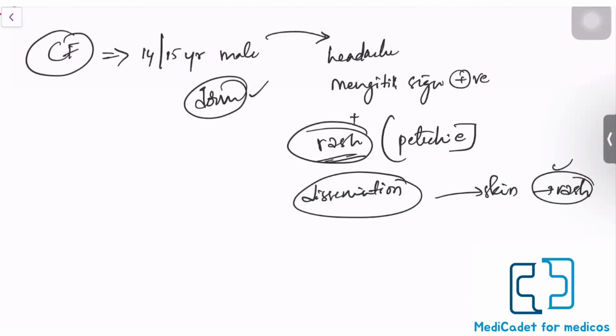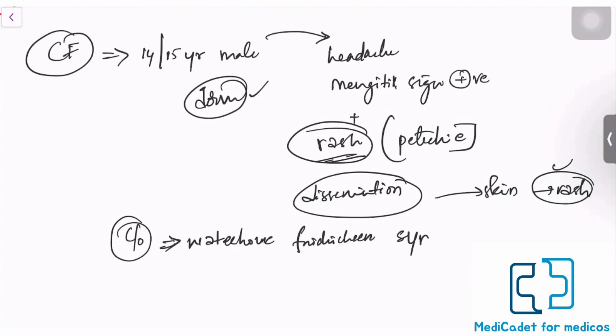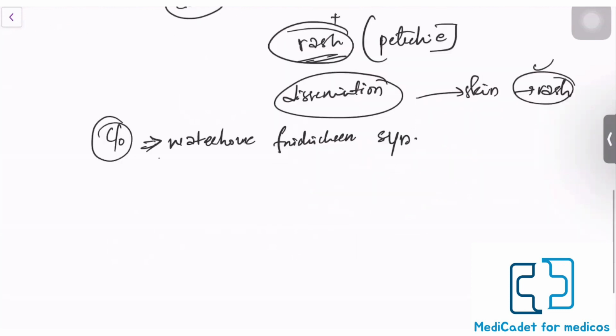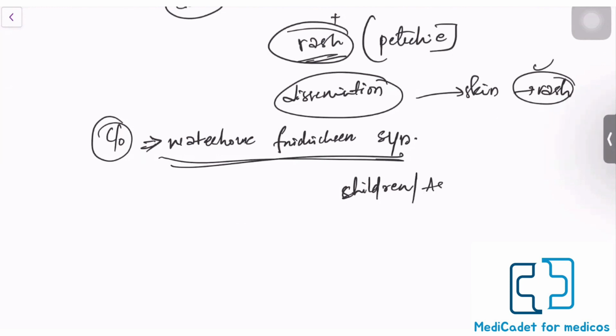Then there is one more complication, which you're not going to see so commonly. It's a rare complication, Waterhouse-Friderichsen syndrome. Generally it occurs if Neisseria meningitidis infection occurs in children or in those who are asplenic.